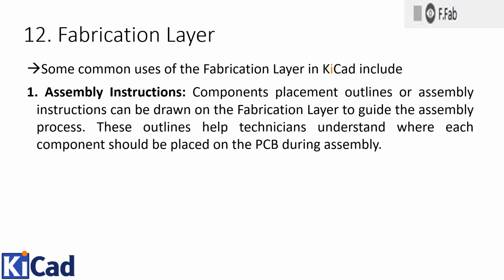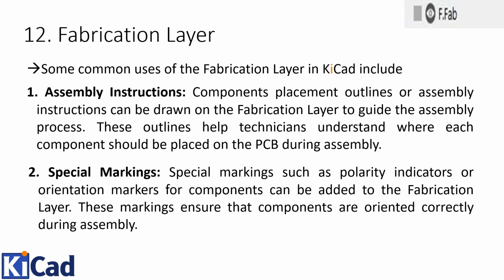Component placement outlines or assembly instructions can be drawn on the fabrication layer to guide the assembly process. These outlines help technicians understand where each component should be placed on the PCB during assembly. Special markings such as polarity indicators or orientation markers for components can be added to the fabrication layer. These markings ensure that components are oriented correctly during assembly.